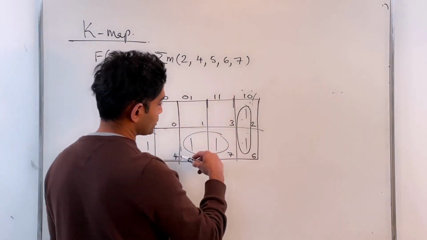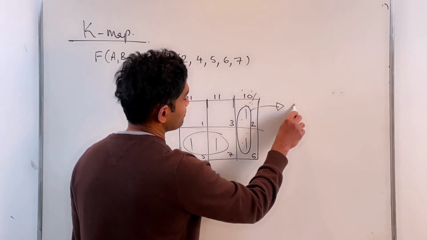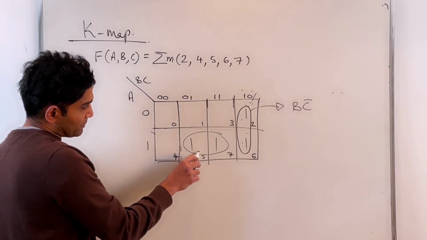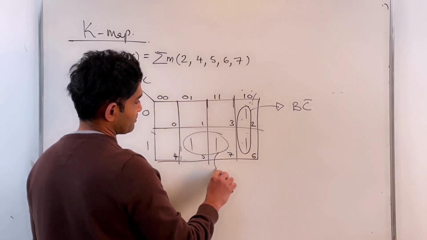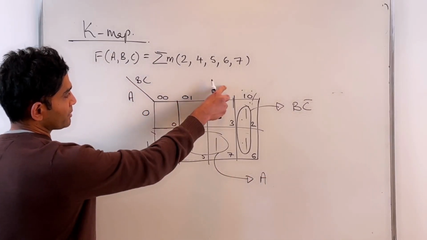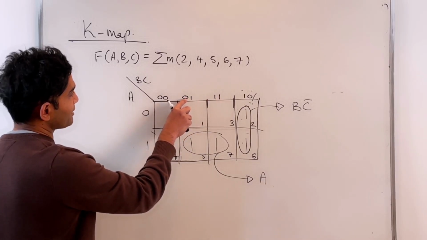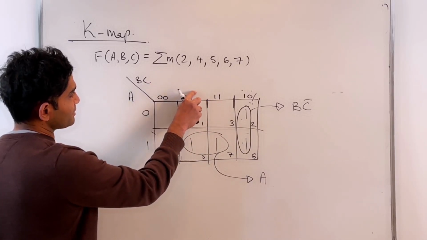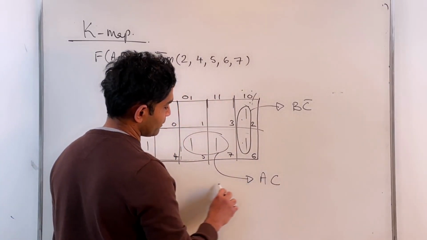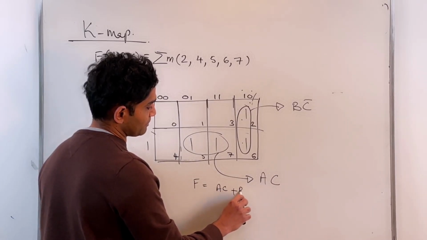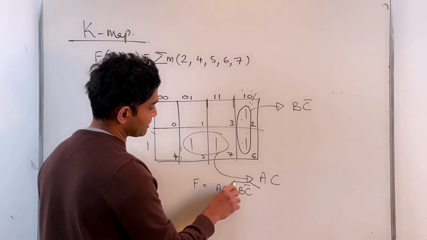I have 2 product terms. That corresponds to B, C prime, because A gets eliminated. When I go from this to this, what do I get for this product term? A doesn't change, so A, and then from here to here, based on these values, B changes from B prime to B. C remains as C, so that's AC. So my function for this case would be AC plus BC prime, and that's the simplest function.